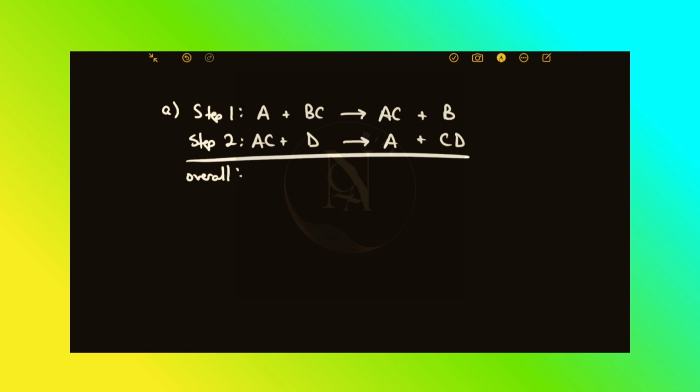For the overall reaction, we can cancel out AC and A, and our overall reaction would be BC plus D to produce B and CD.